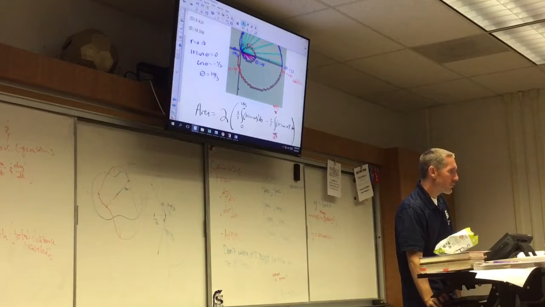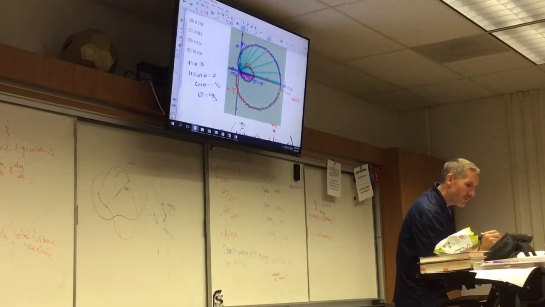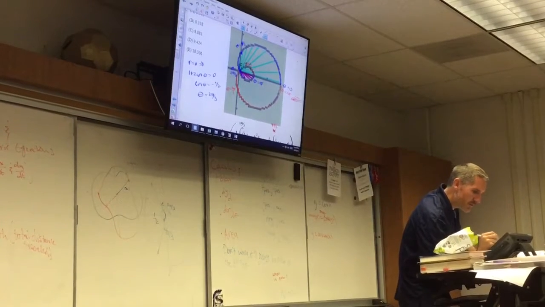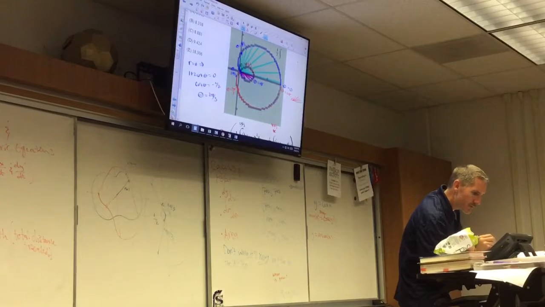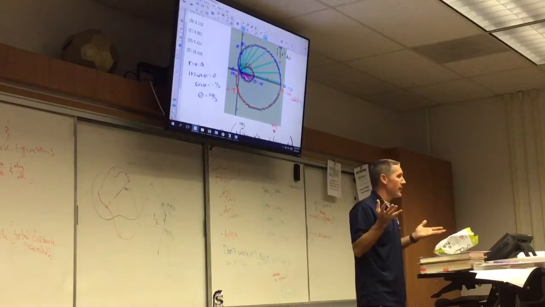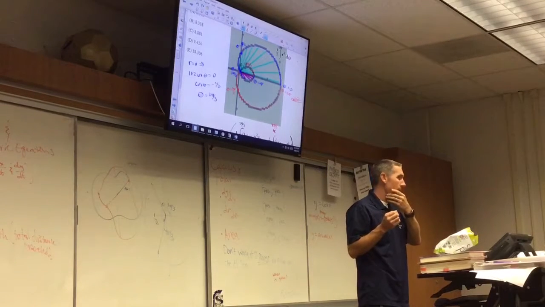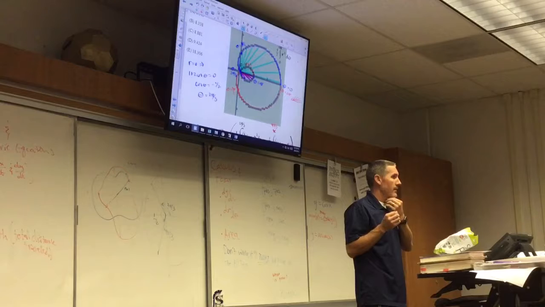If you have the integral, I guess here's my question. What does this give me in terms of the area? What does it give me? Yeah? The area of the entire limit of the... No?